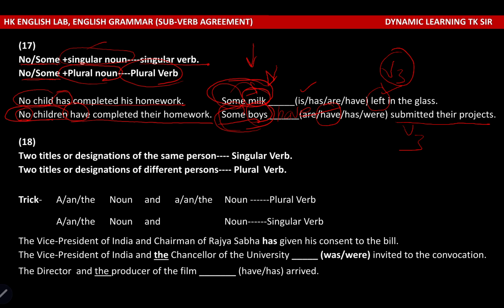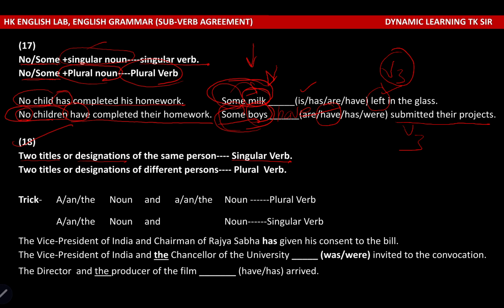Okay, next we'll discuss about your 18. One noun but two titles and designations, that will be a singular verb. For example, like in your school, your vice principal and your chemistry teacher.